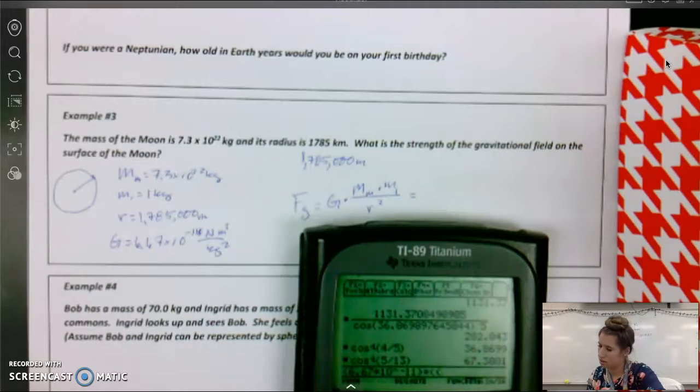I don't think it's necessary, but just to make sure, I'm going to put another set of parentheses in there. So it'll be 7.3 times 10 to the 22nd, and multiplying that by 1 divided by, and then what's on the bottom, we have our radius, 1,785 thousand, squared.